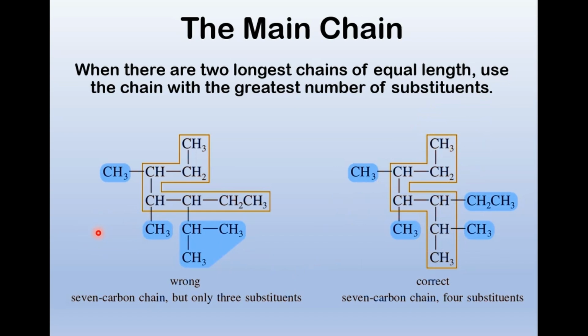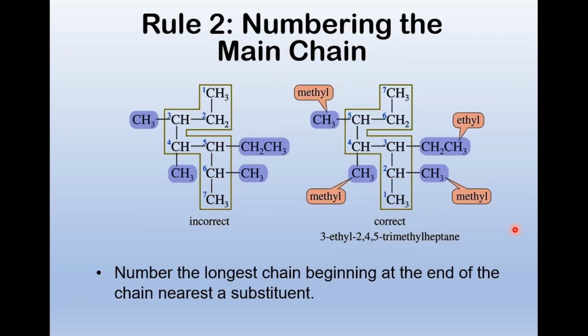And I could probably name this 1, 2, 3, 4, 5, 6: 3,4,6-trimethyl-5-ethylheptane. And there we get it named. Oh, I messed up. I did methyl first. I didn't follow the alphabetical rule, and I numbered from the wrong side even.